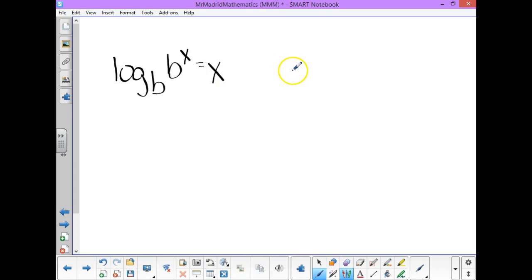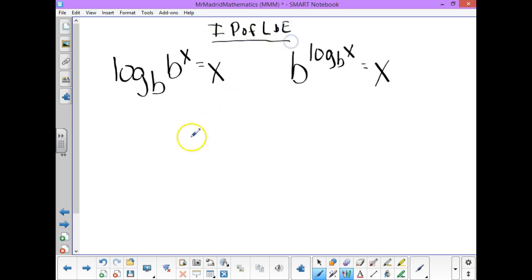At the same time, you can introduce a base b to the log base b of x, and because these are inverse functions, they cancel out and you're left with x. This is the inverse properties of logarithms and exponentials. This is review.